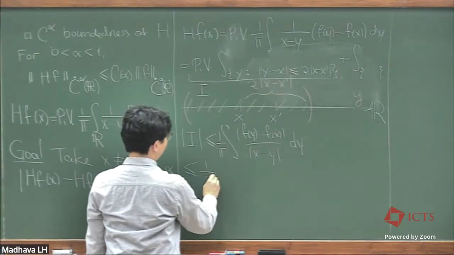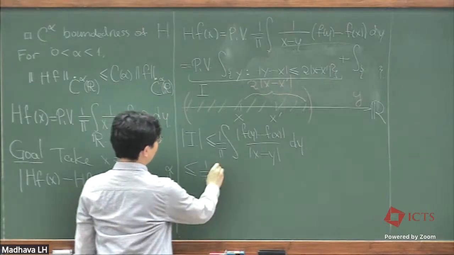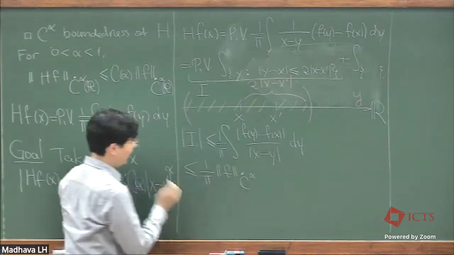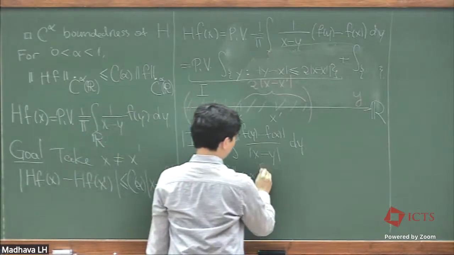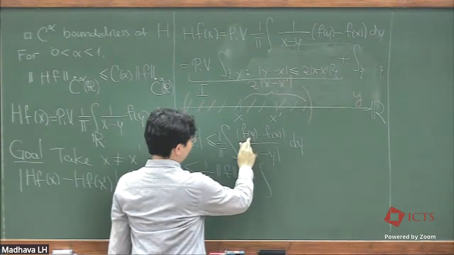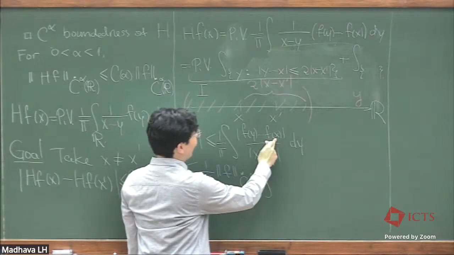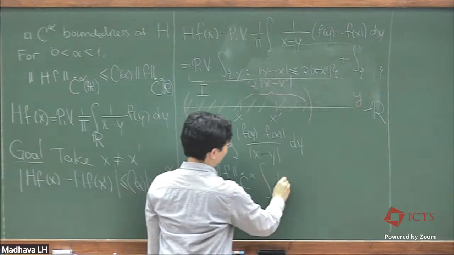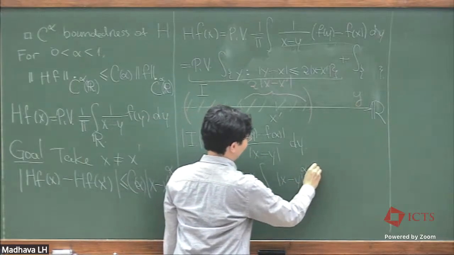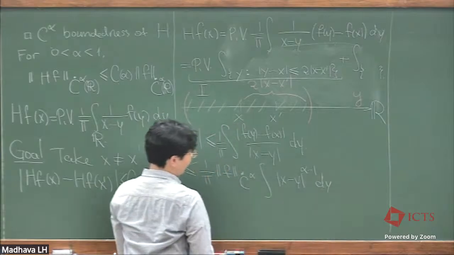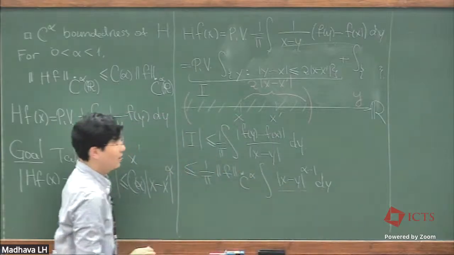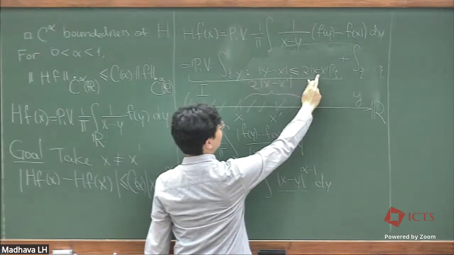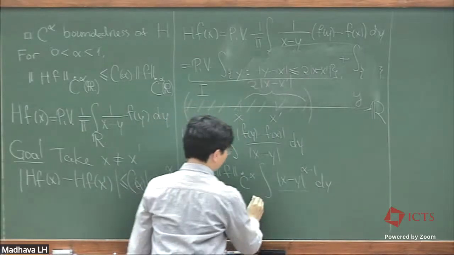So it is bounded by the homogeneous C alpha norm times the integral of x minus y to power alpha divided by x minus y, that is, x minus y to power alpha minus 1 dy, where x minus y is from 0 to 2 times x minus x prime.